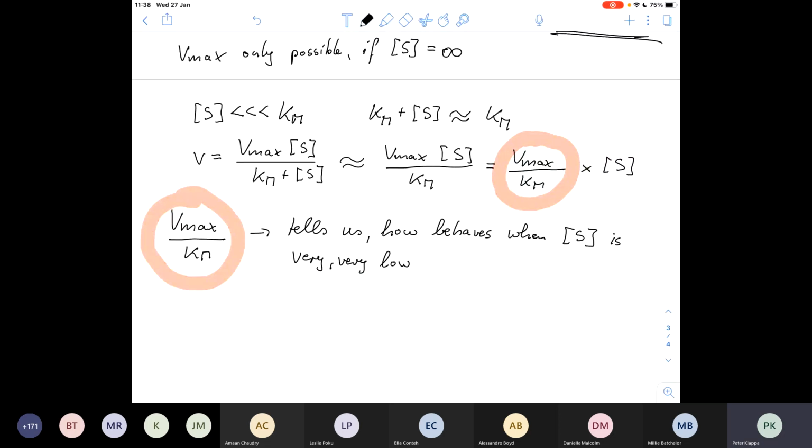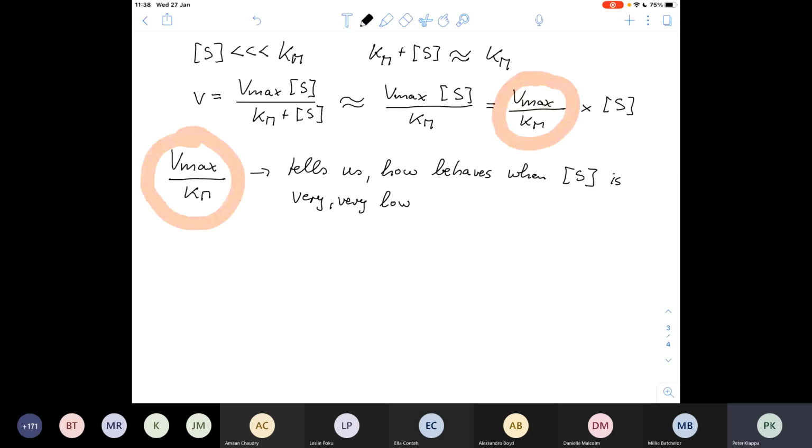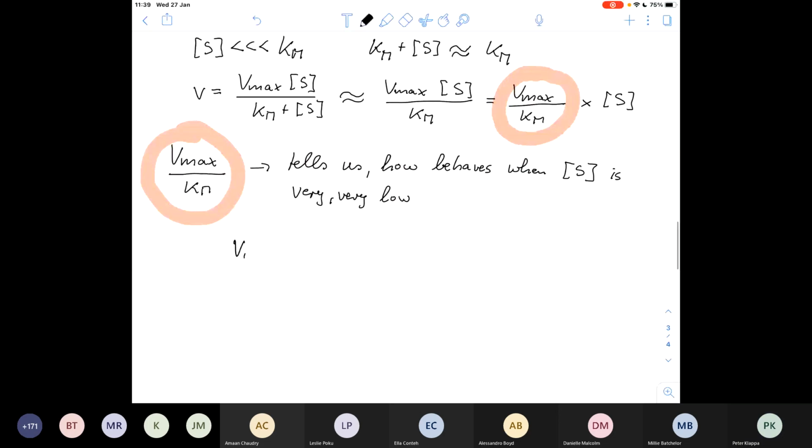Now, what do you think? We said Vmax depends on the enzyme concentration. Does Vmax over Km depend on the enzyme concentration? Does this value, Vmax over Km, depend on the enzyme concentration? What do you think? We have two conflicting opinions here.